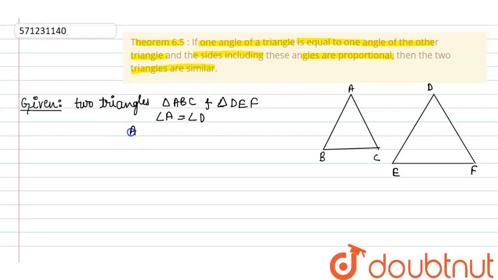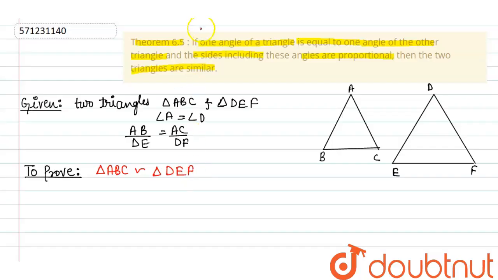It means I can write AB upon DE equals AC upon DF. Now we have to prove that both triangles are similar, means triangle ABC is similar to triangle DEF.